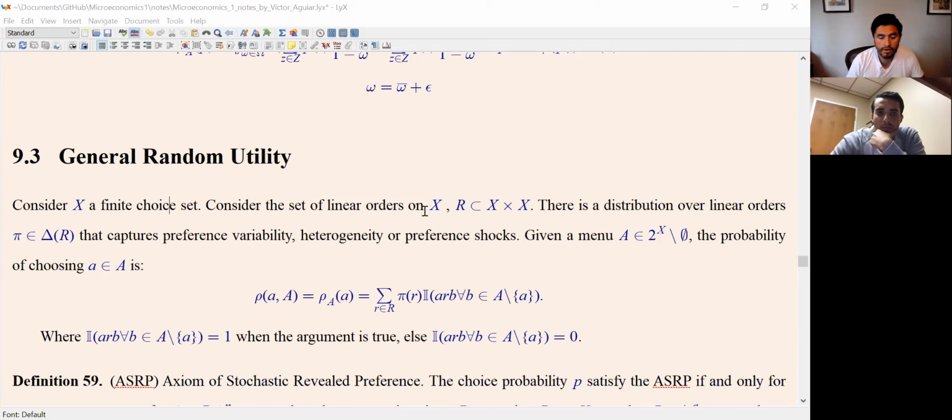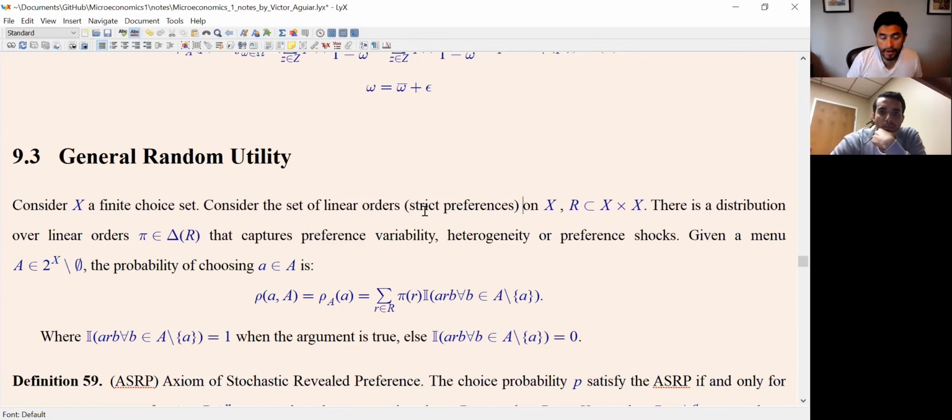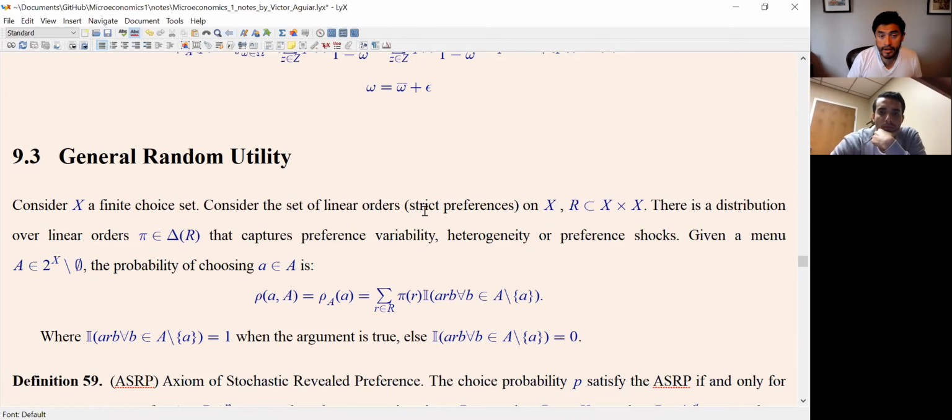So linear orders, okay? Consider a set of strict preferences on X, and then we are going to put a distribution over these rankings. Do you understand what I'm doing now? This sounds easy, I took two lines, but who can tell me what's going on here? So I'm going to create an example.